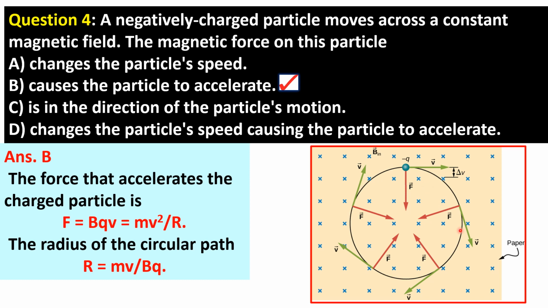That is not correct because, as we said, the force F should always be perpendicular to both the magnetic field and the velocity vector. And for letter D, changes the particle's speed. Again, that is incorrect because, as already described, the tangential velocity always has a constant magnitude. That is the reason why option D cannot be considered correct. So that explains why the best answer for this question, indeed, is letter B.